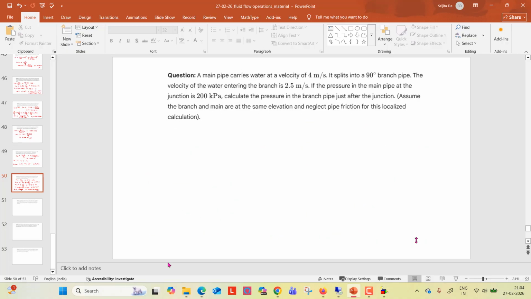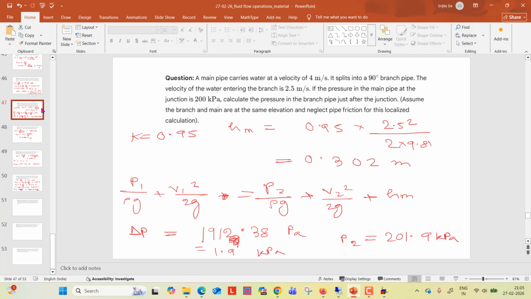Next, tell me if the calculations are correct or not. Okay. So here also the same kind of problem. The main pipe carries water. I think I have done this problem recently, right? Just check. Yeah, it is the same problem.